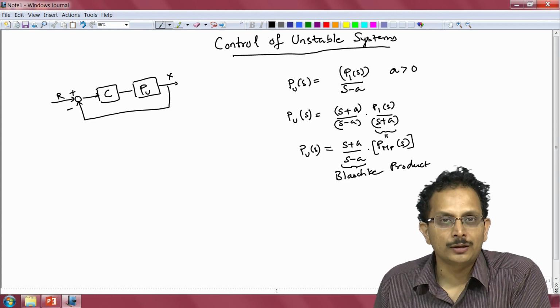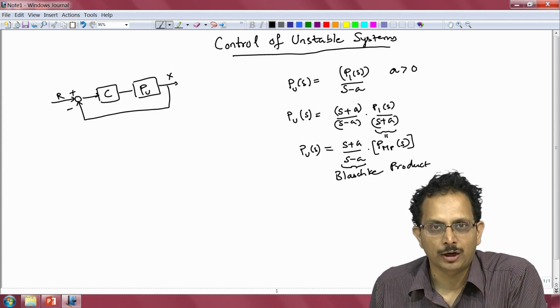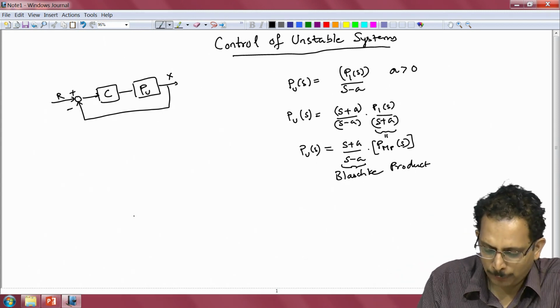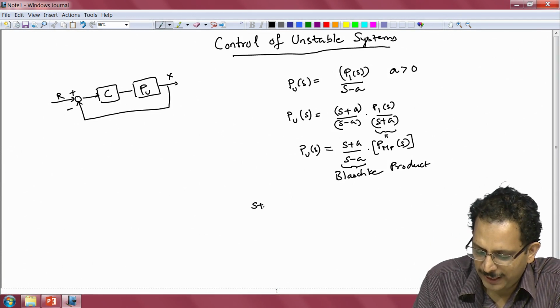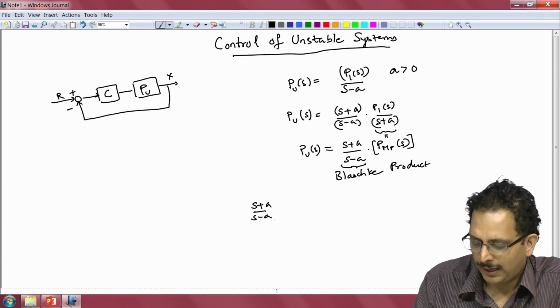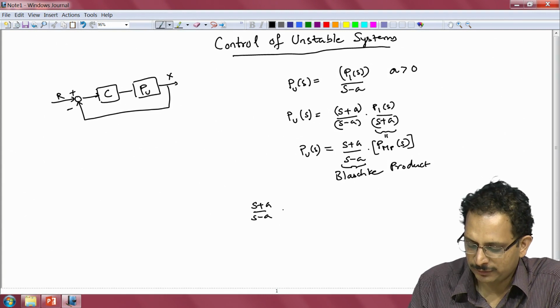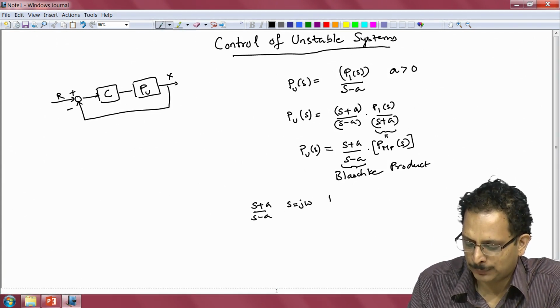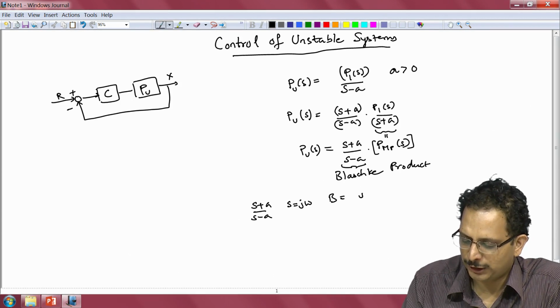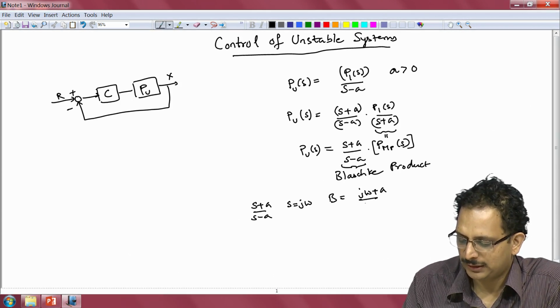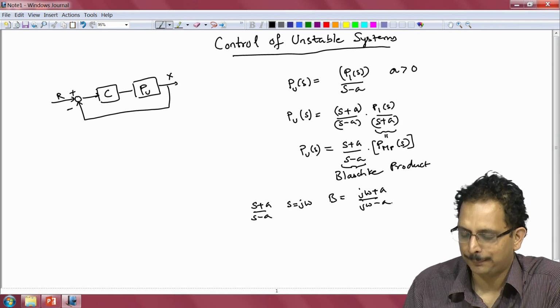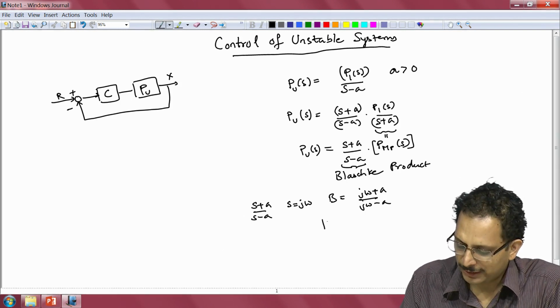So let us focus on the Bode plot of the Blaschke product alone. The Blaschke product is given by S plus A by S minus A, and in order to draw its Bode plot we substitute S is equal to j omega, so that the Blaschke product is equal to j omega plus A by j omega minus A. What is the magnitude of the Blaschke product?